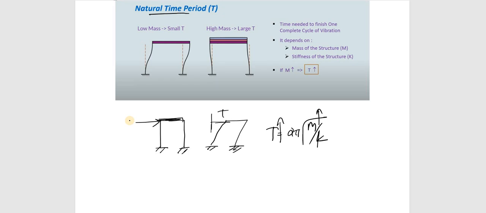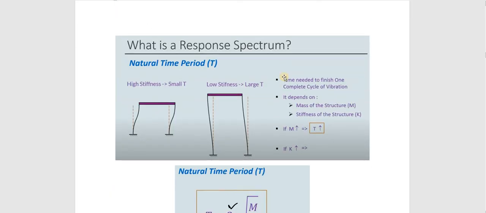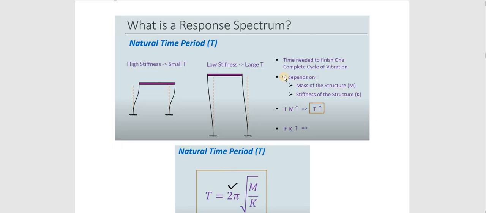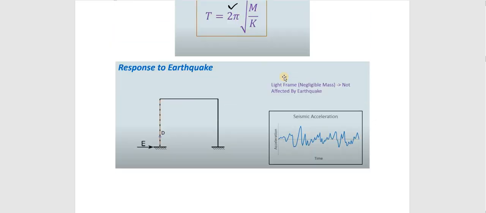A low mass will have a small time period, and a high mass will have a large time period. Similarly for stiffness, if the stiffness is higher, the time period will be less. It is in the opposite way.